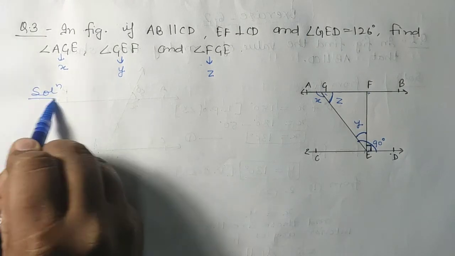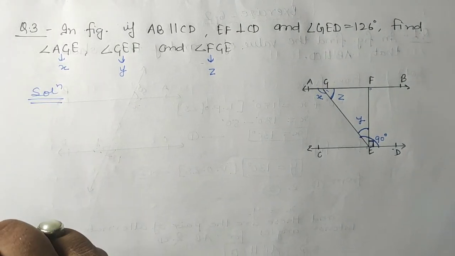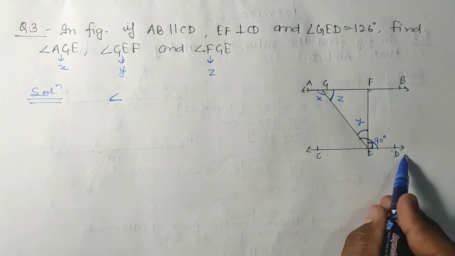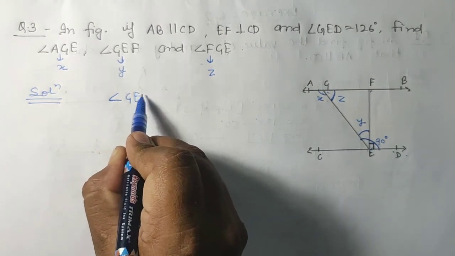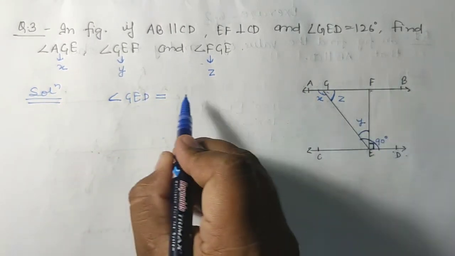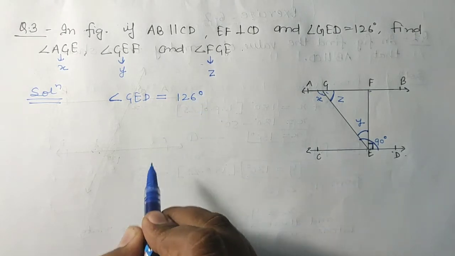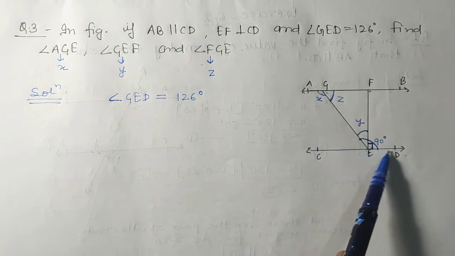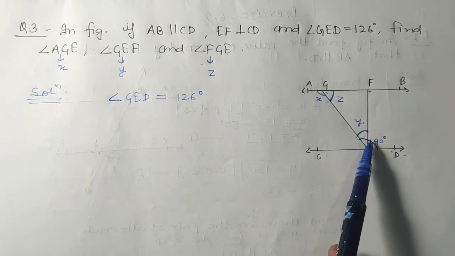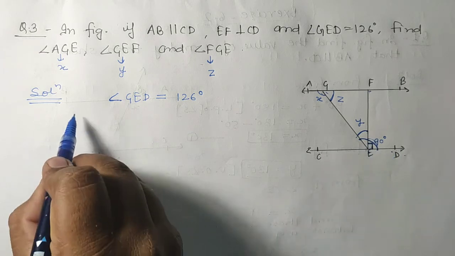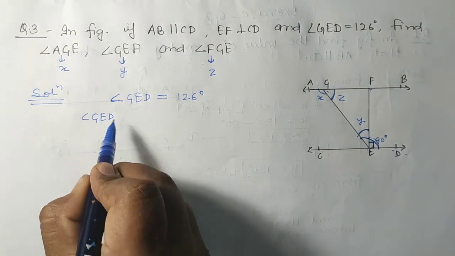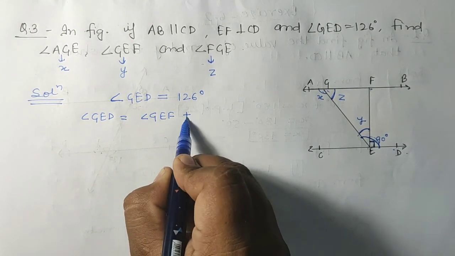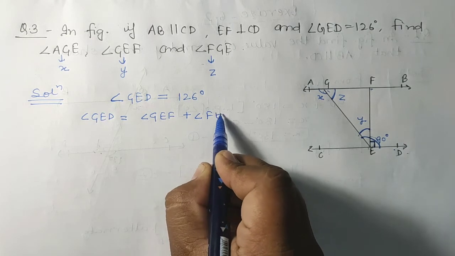in the solution of this question, firstly we are going to write that angle GED is given as 126 degrees. Angle GED is the sum of this angle and this angle. So angle GED is equal to angle GEF plus angle FED.